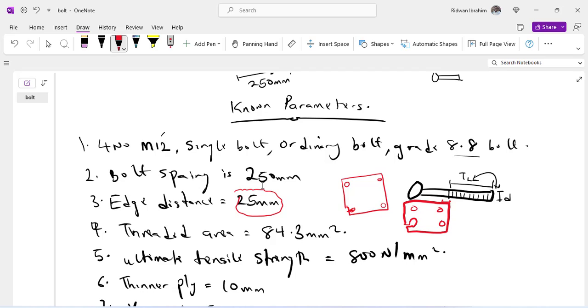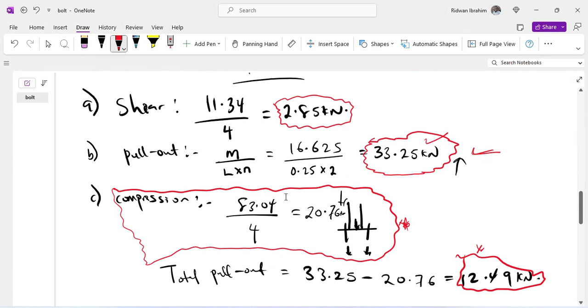The second one is the pitch, which is the spacing between the bolts. The spacing between the bolts is also a parameter, because don't forget that when you are trying to calculate your pullout, the spacing is essential. If the spacing is too small, then you'll be expecting your pullout force to be very high, because from here you can see that the relationship between your pullout force and your spacing is actually inverse.